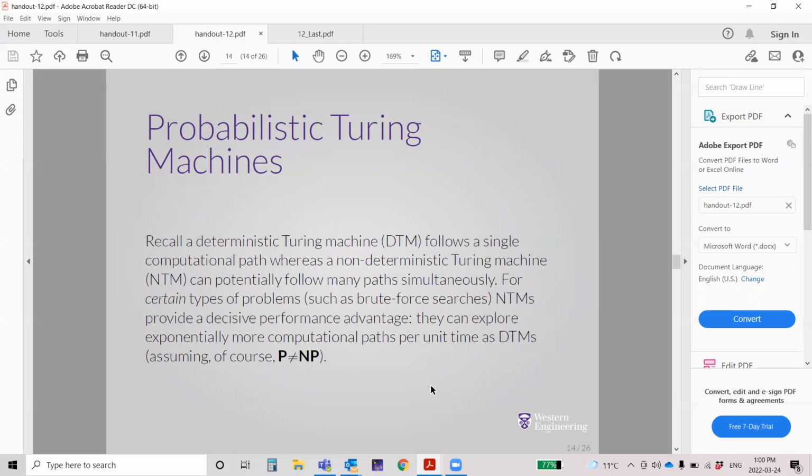They can explore exponentially more computational paths per unit time than a DTM can, assuming, of course, P not equal NP. And I told you, I'm one of those who believe P not equal NP. Some believe yes, but mathematically, scientifically, not. And still, it's an open problem. It's a $1 million question.